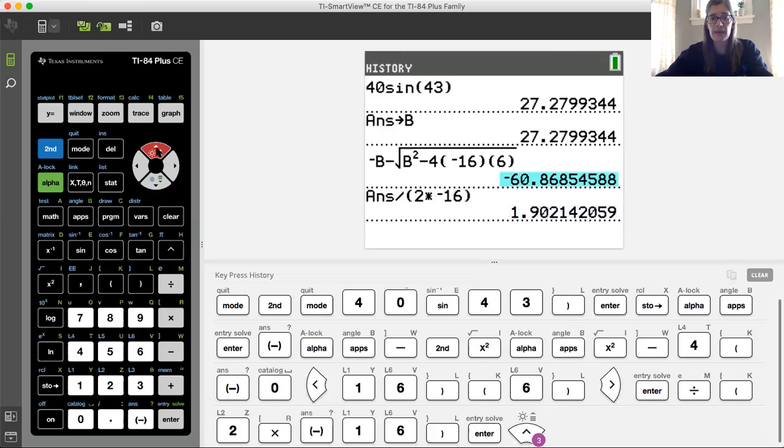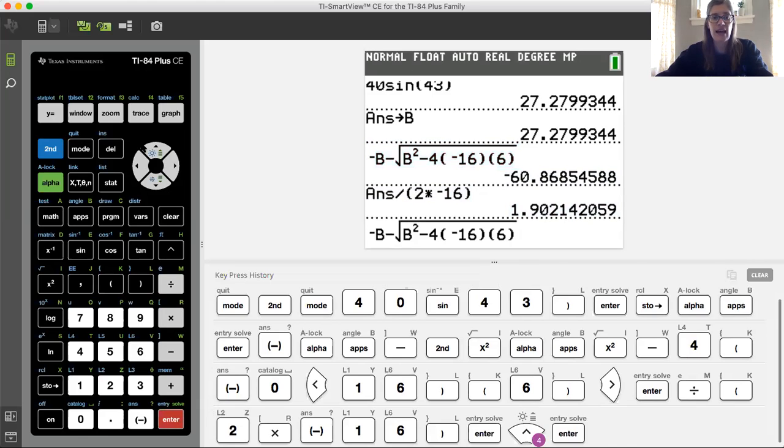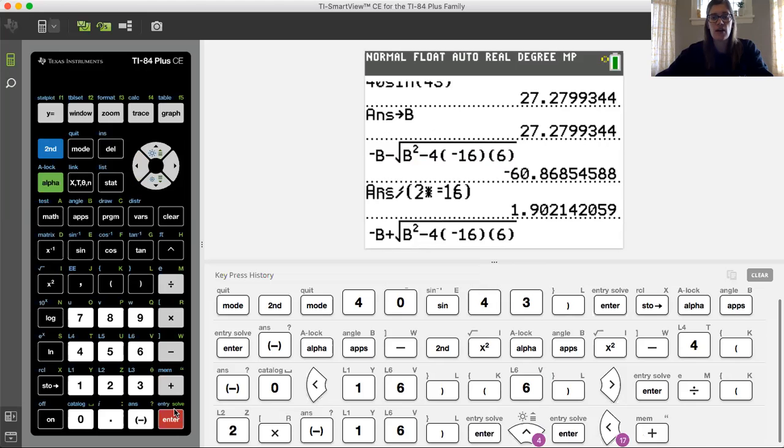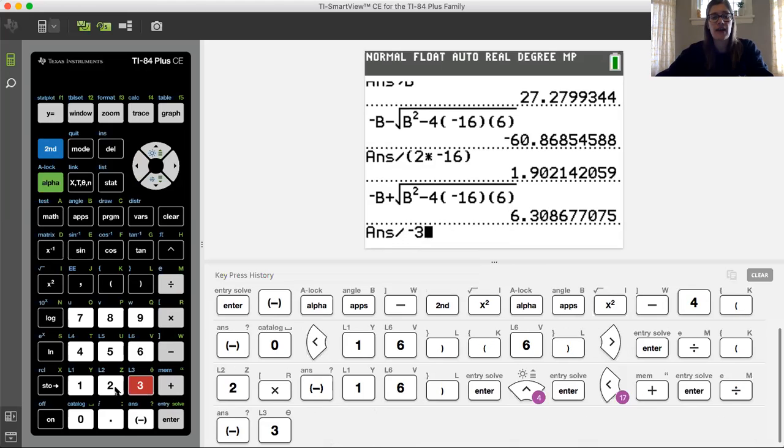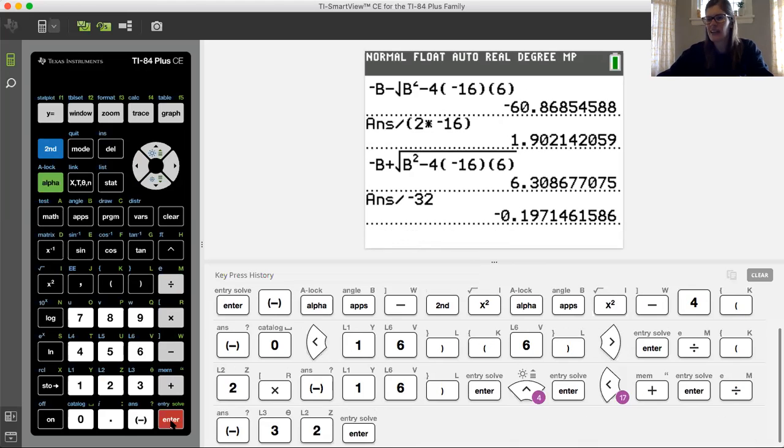If I go back up to that negative B plus or minus, and let's say I choose the plus, so I'm just going to go over and rewrite and change this to a plus. Notice that 6.3 is positive. When I divide it by the -32, I would get a negative time, which doesn't make sense. That's the part where it would be on the ground, like on the other side of the shot putter.